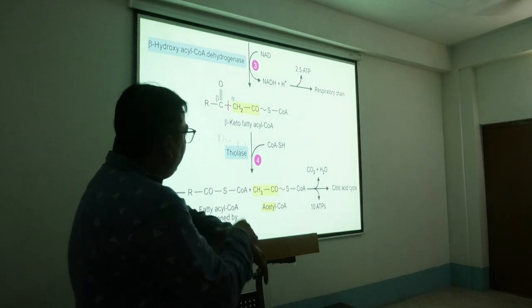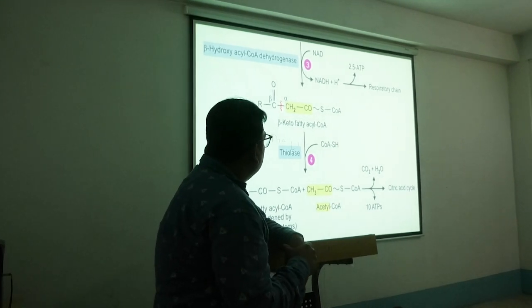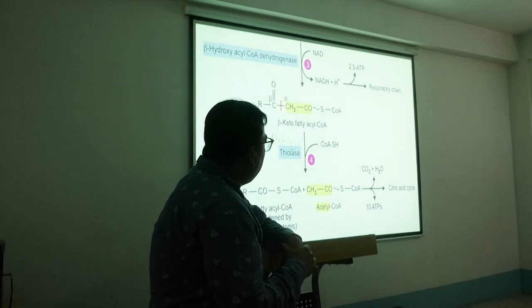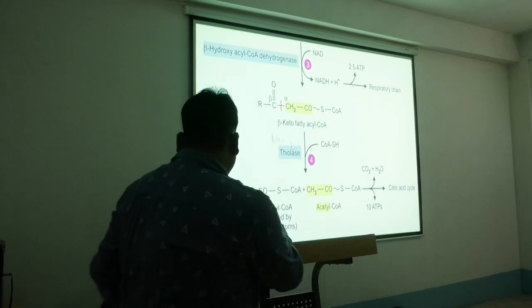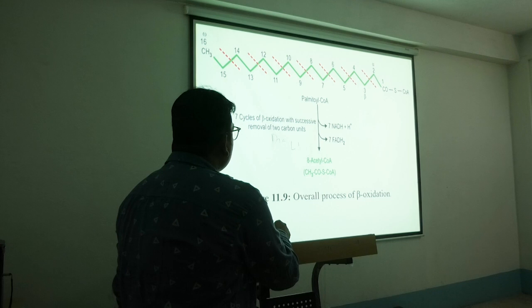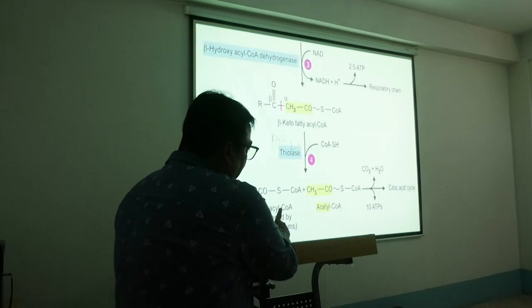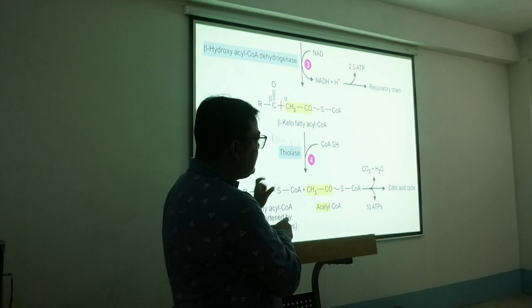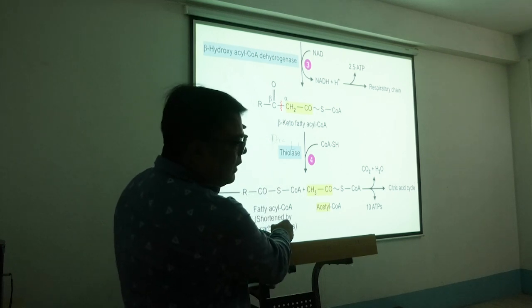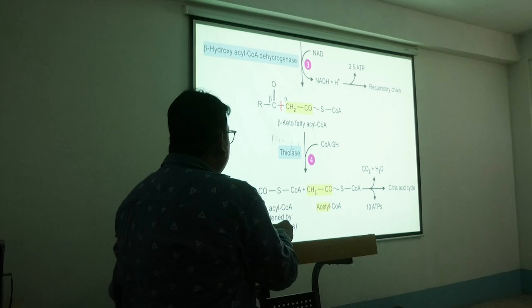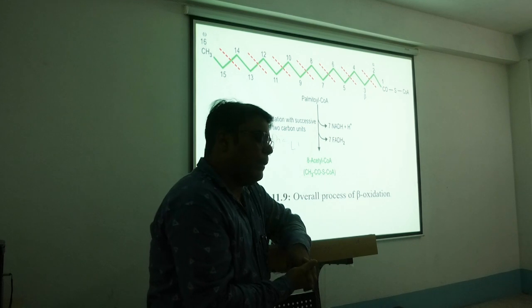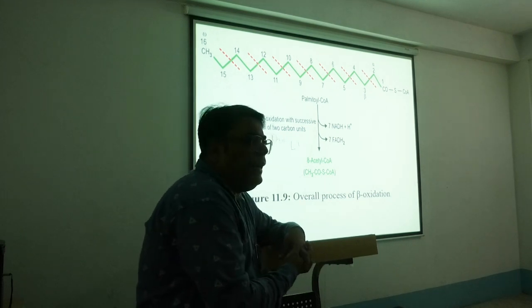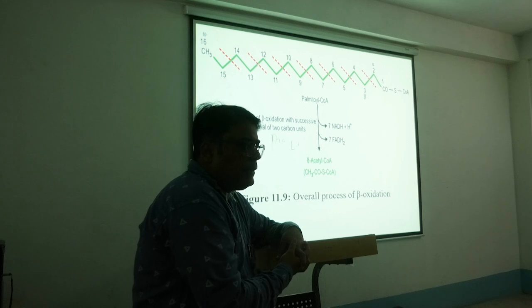Now, in the next step, with thiolase, the beta keto fatty acyl CoA, with thiolase activity, forms a shortened fatty acyl CoA plus acetyl CoA. These acetyl CoA go to the next step, the TCA cycle, and there is the final formation of palmitoyl CoA into 8 acetyl CoA.